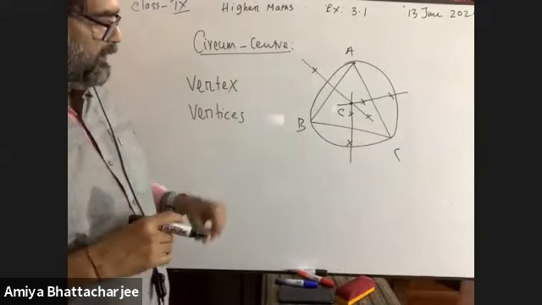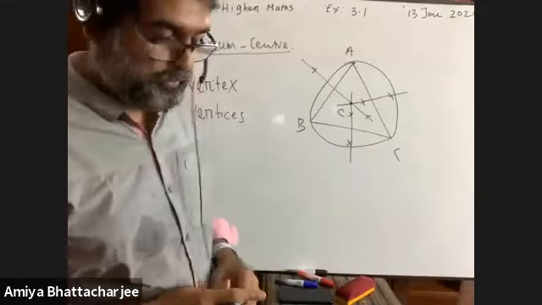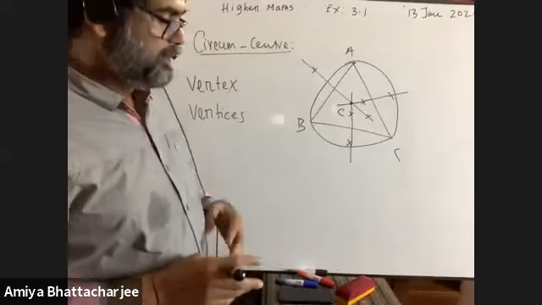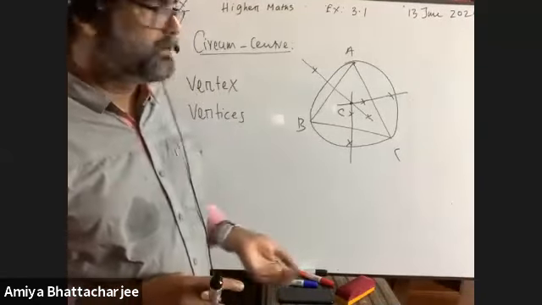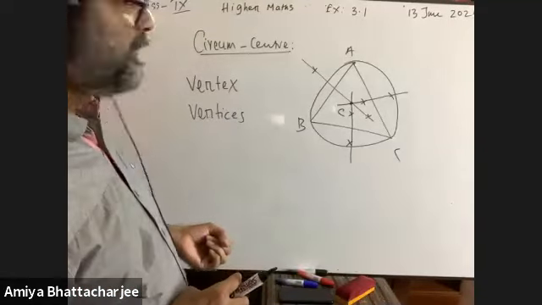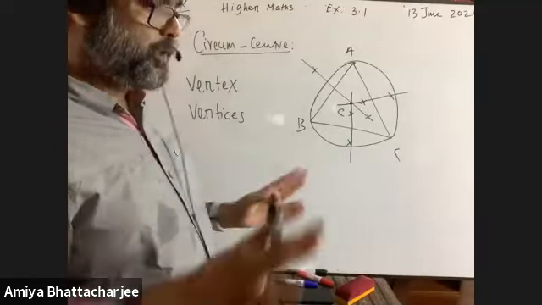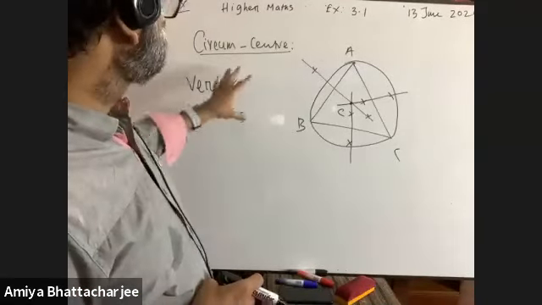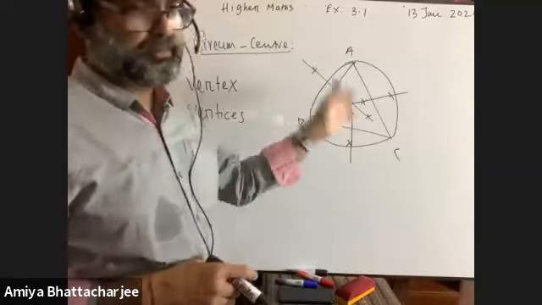Dear students, it's about one hour up. I will take classes on Tuesday, Thursday, and Sunday. I'll try my level best to complete 3.1 properly. This is the discussion to start this exercise.